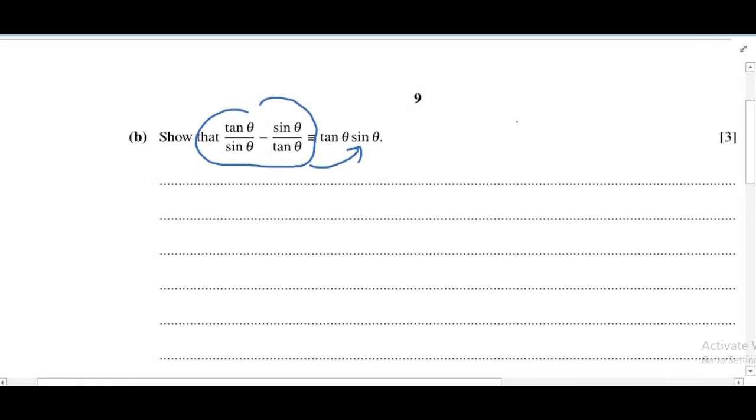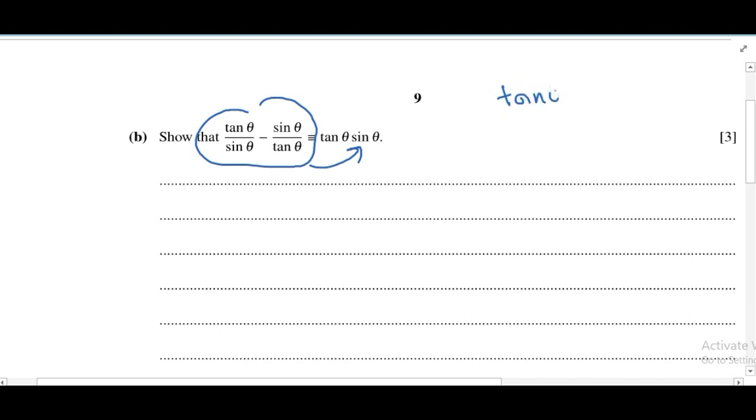In part B, we have been asked to prove the identity: tan theta over sin theta minus sin theta over tan theta equals tan theta sin theta. Okay, we are going to use again tan theta as our basic identity.